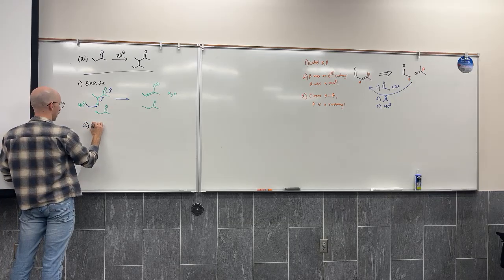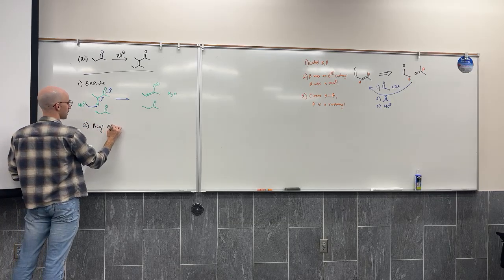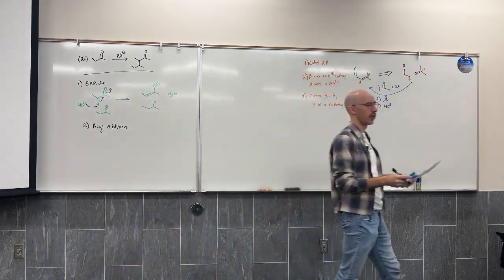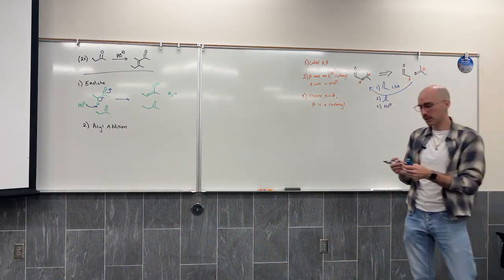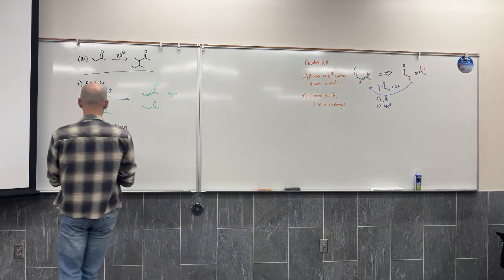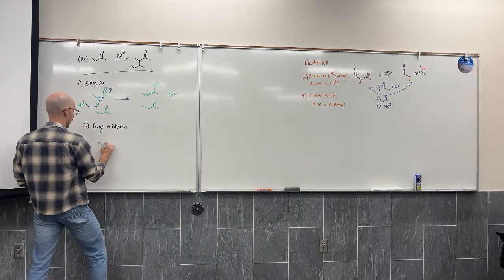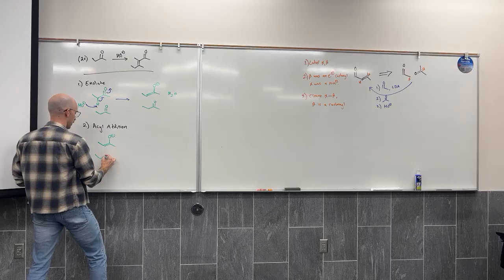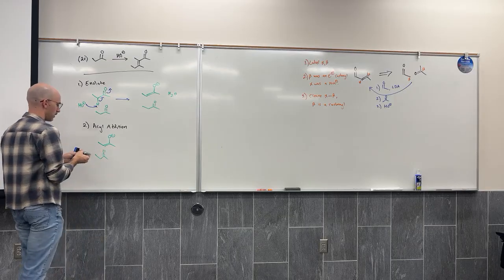Then we have acyl addition. I wrote this as nucleophilic attack. I might recommend just calling it acyl addition. That's exactly what it is. And we've seen acyl addition a number of times this semester. So we know the process of acyl addition.